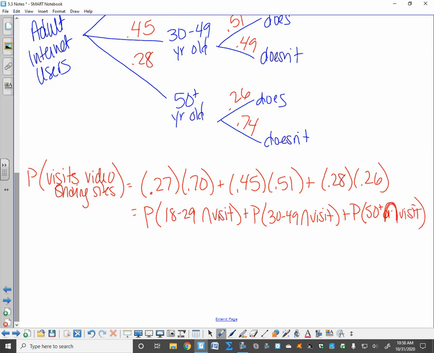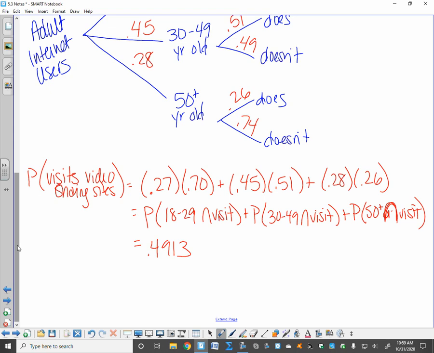So obviously I would put the words ahead of the numbers. Sorry, got a little ahead of myself. And I got 0.4913. So the probability is about 49.13% of all internet users visit video sharing sites.